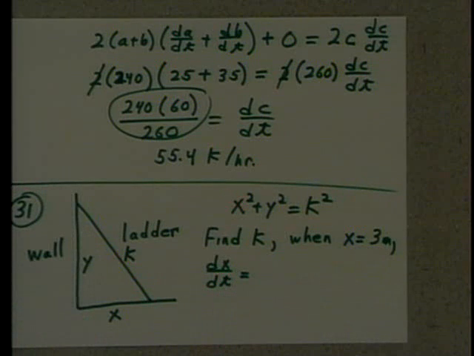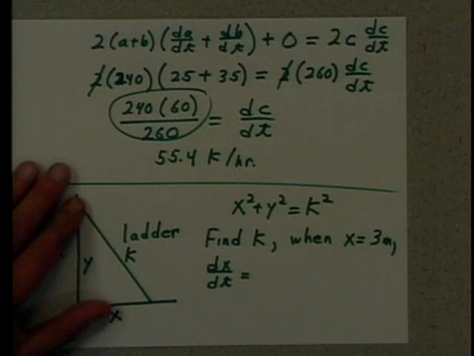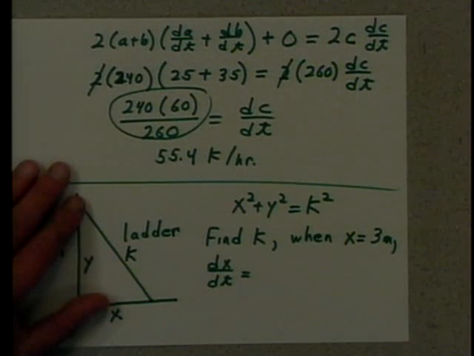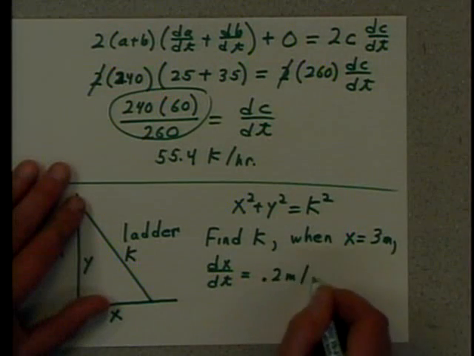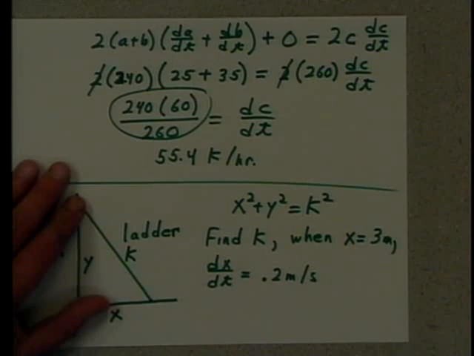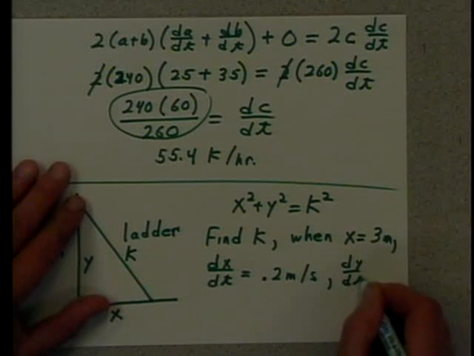It says when the bottom of the ladder is 3 meters from the wall. But I think we're okay because the bottom for me is x, right? Yeah, that makes sense. Okay, what is dx dt, the rate at which the ladder is sliding? That's the top, that's y. So we don't have that yet. Yes, we do. It's written right in my book. The 0.2 meters per second. That's how fast x is changing. And what about dy dt?